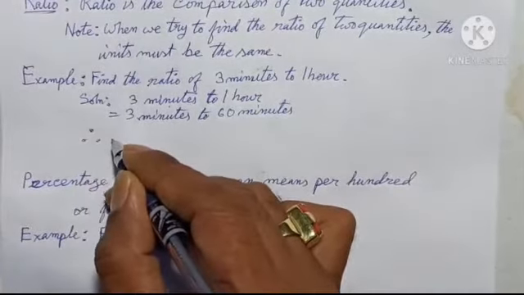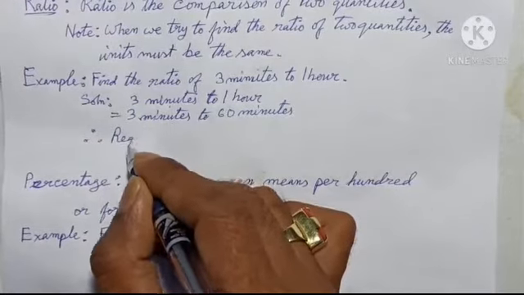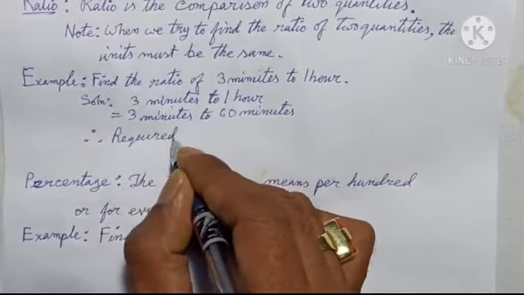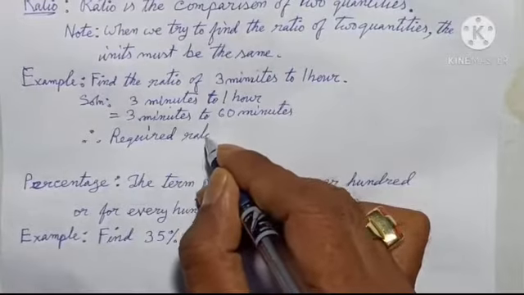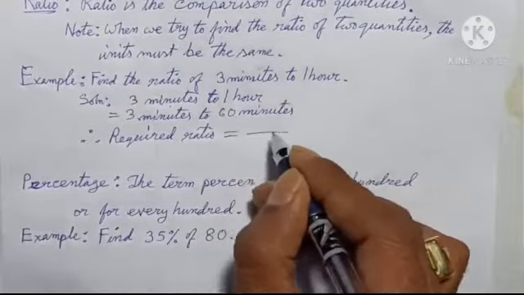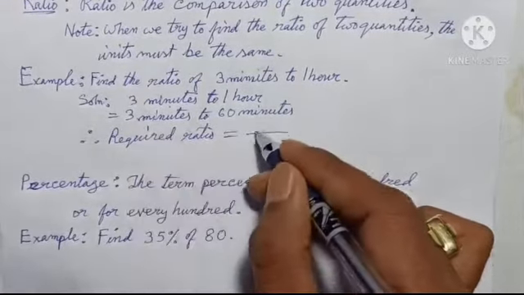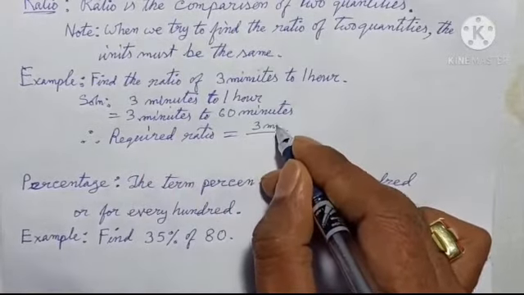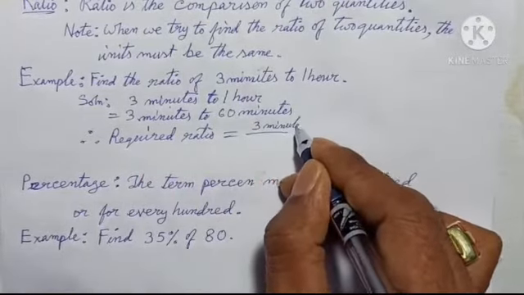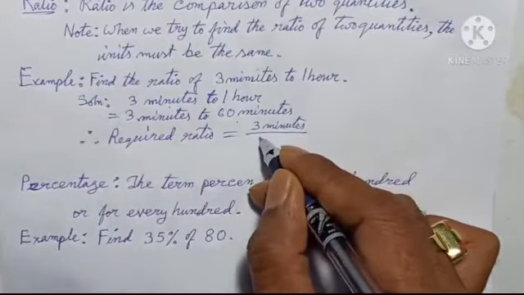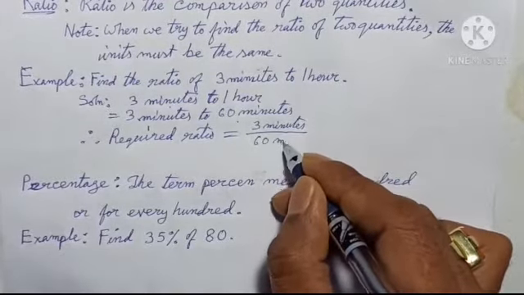Therefore, now we have to find a ratio. Required ratio is equal to 3 minutes divided by 60 minutes.